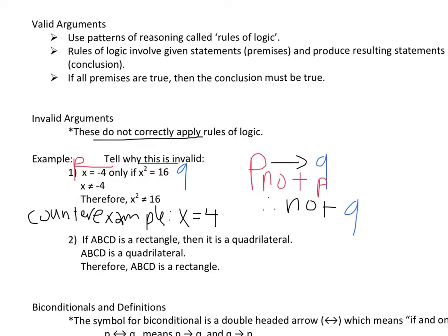The next example is, if ABCD is a rectangle, then it is a quadrilateral. Okay, ABCD is a quadrilateral, therefore ABCD is a rectangle. Now, that also raises a red flag in my mind, and I think, well, what if I think of a counterexample? Okay, I know ABCD is a quadrilateral. That is my truth. That is my given. What if ABCD had been a square, or a parallelogram, or a kite?